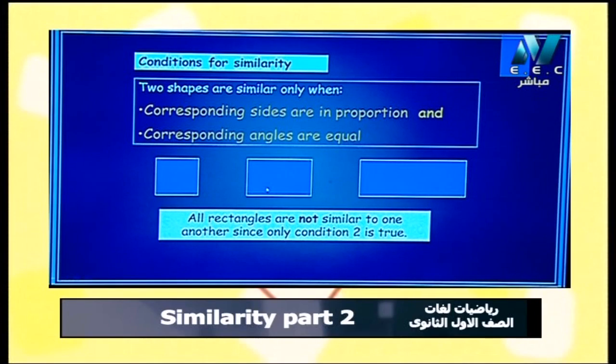Rectangles are not considered regular polygons because they have equal measures in angles, all angles are right angles, but they do not have equal sides. So all rectangles are not similar to one another since only condition 2 is true. It's necessary, but it's not enough, because all angles are equal in measure because they are right, but we have to satisfy that corresponding sides are proportional.